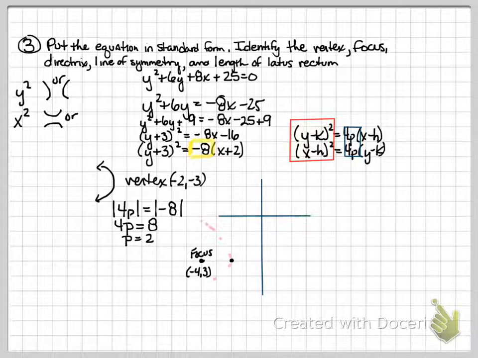Now, to find my directrix, I'm going to go 2 in the other direction. Let me find a different color that's going to show up. Let's do a green. Well, 2 away from that is right here. It's right on my y-axis.